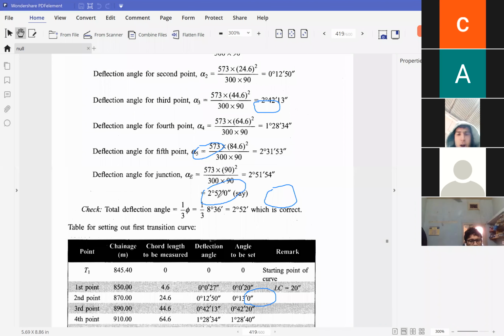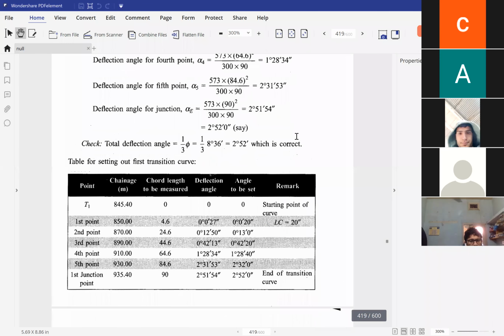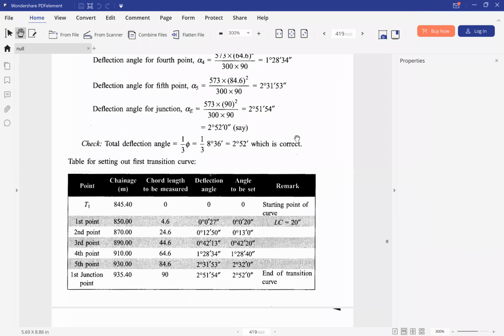So this is equal to 1 by 3 phi, and this is also our check. If you want to check whether your calculations are correct or not, you can apply this and see if it tallies. If it tallies with one another, then your calculations are correct. Otherwise, you must have committed some mistake.